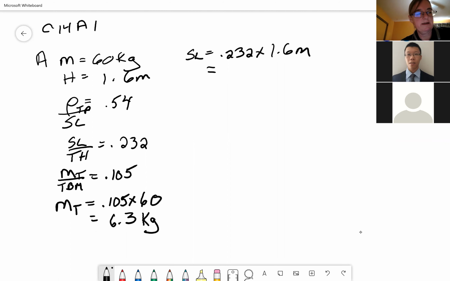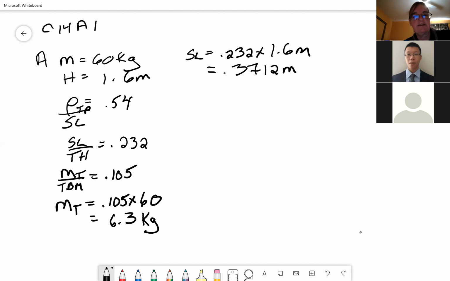Anybody have that one? Hopefully everybody's plugging it into their calculator. 0.3712. Yeah, actually I found my mistake. Oh, good. Okay. Well, we'll finish it anyway.